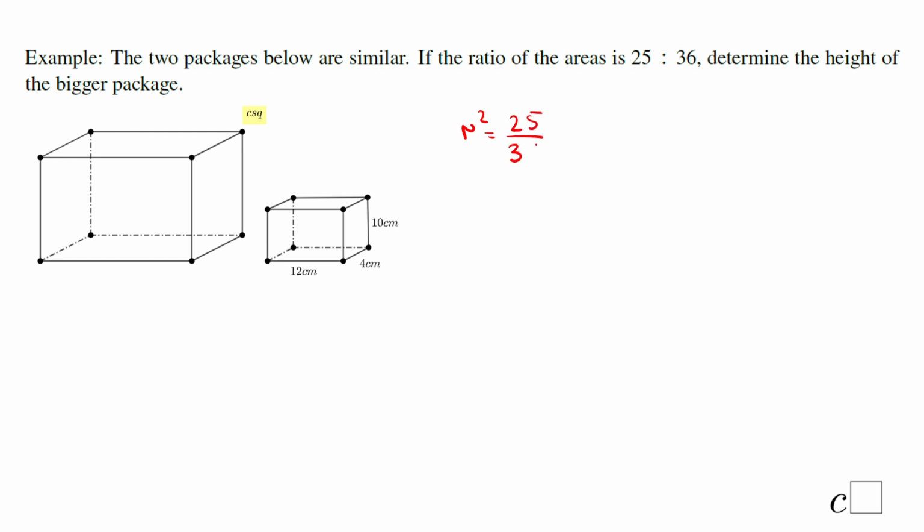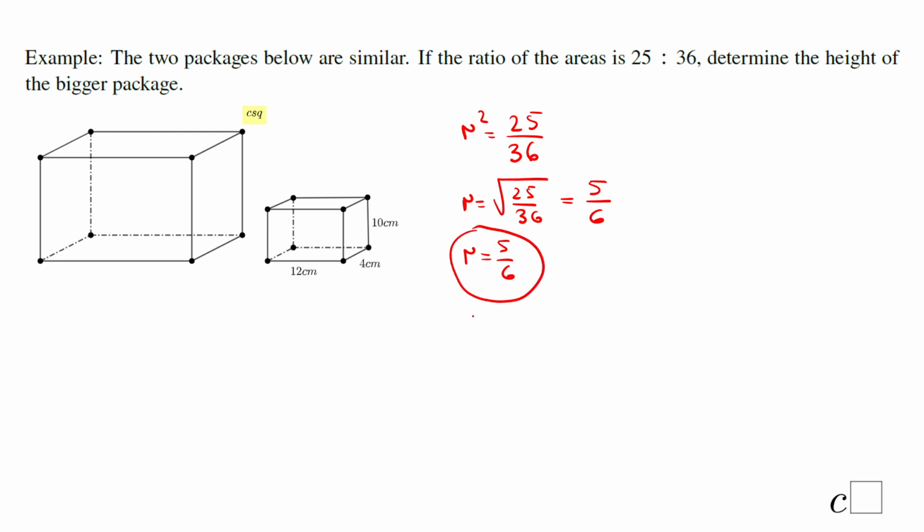And this, you notice, is small to large. And let's keep it like that. How do I find r? Taking the square root. And in this case, we have 5/6. So that is one thing you can find very fast.